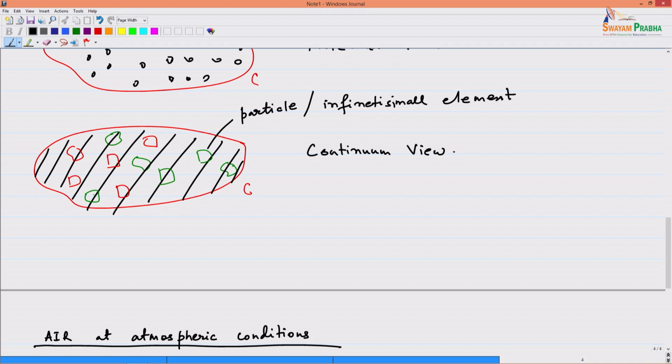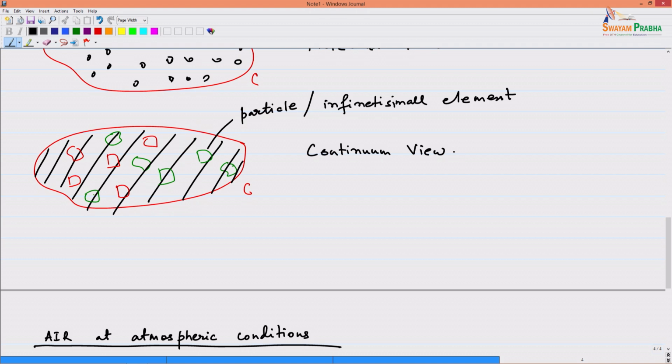Now, I am saying that I have defined a value of a physical property, and I say that I can divide it down again into particles or infinitesimal elements. But the question will again remain, how small can you get? If this gets small enough to be just about the size of a molecule, then your assumption is going to be wrong.